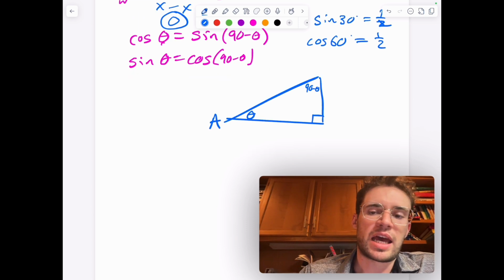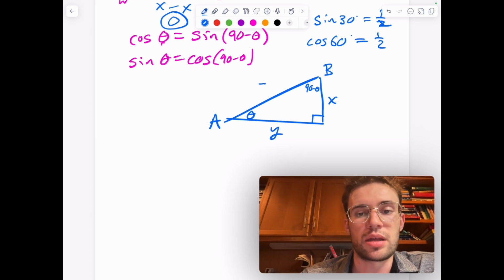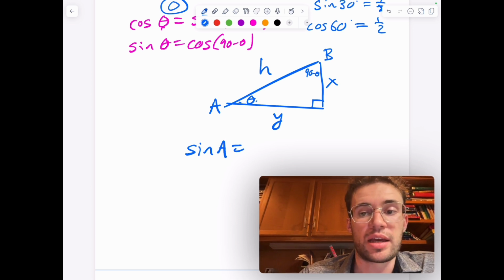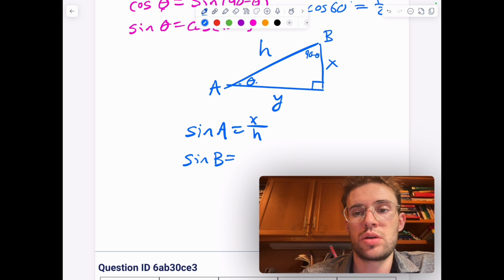So say we labeled this A and this B, and this side could be X and this side could be Y, and let's say the hypotenuse is H. So the sine of A is equal to what's opposite theta, X over the hypotenuse, X over H. The sine of B is equal to what's across from B, Y over H.